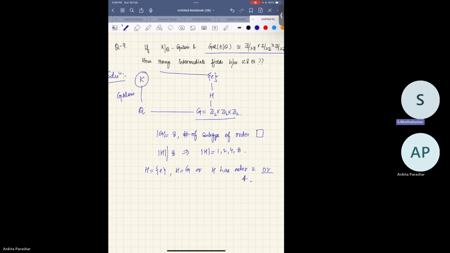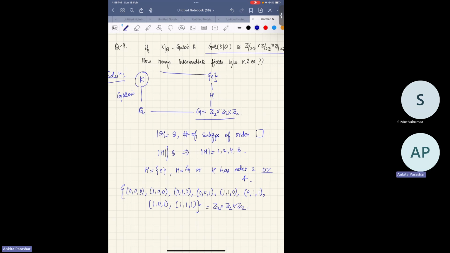The elements are 0,0,0; 1,0,0; 0,1,0; 0,0,1; 1,1,0; 1,0,1; 0,1,1; 1,1,1. I think 1, 2, 3, 4, 5, 6, 7 non-identity elements.